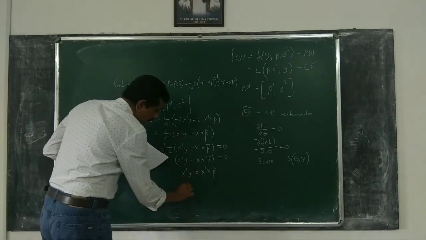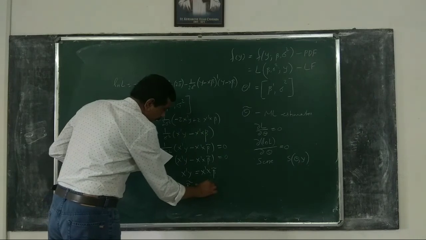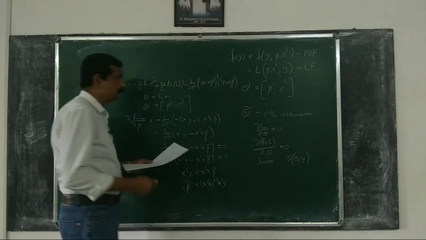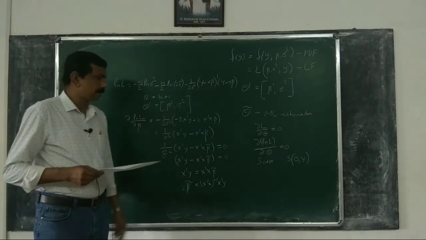Solving this, you get beta tilde as (x transpose x) inverse x transpose y, the same OLS estimator.